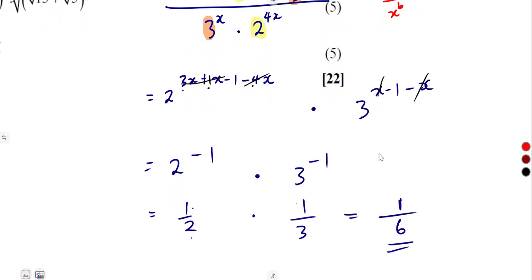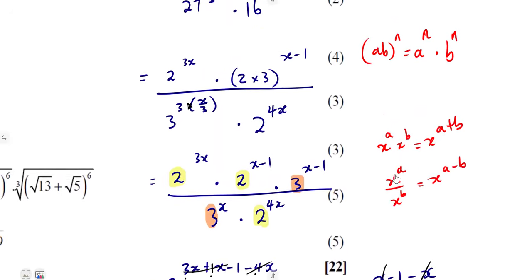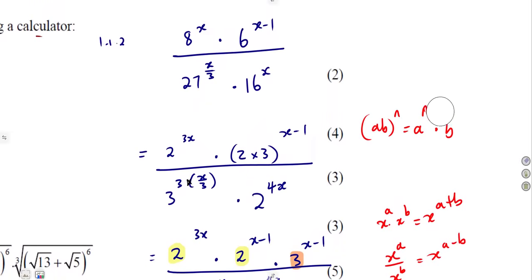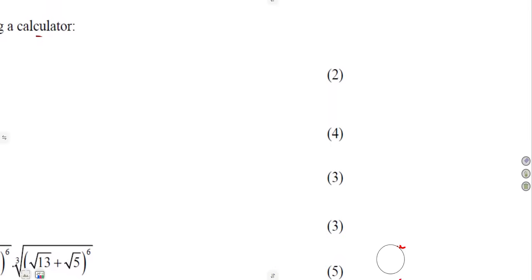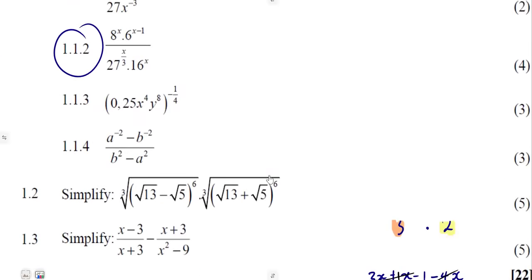So we can simplify in different ways and still obtain the same answers. Just make sure you follow the laws of your exponents properly. It's all about the laws. Wherever the laws are used, you must follow that.